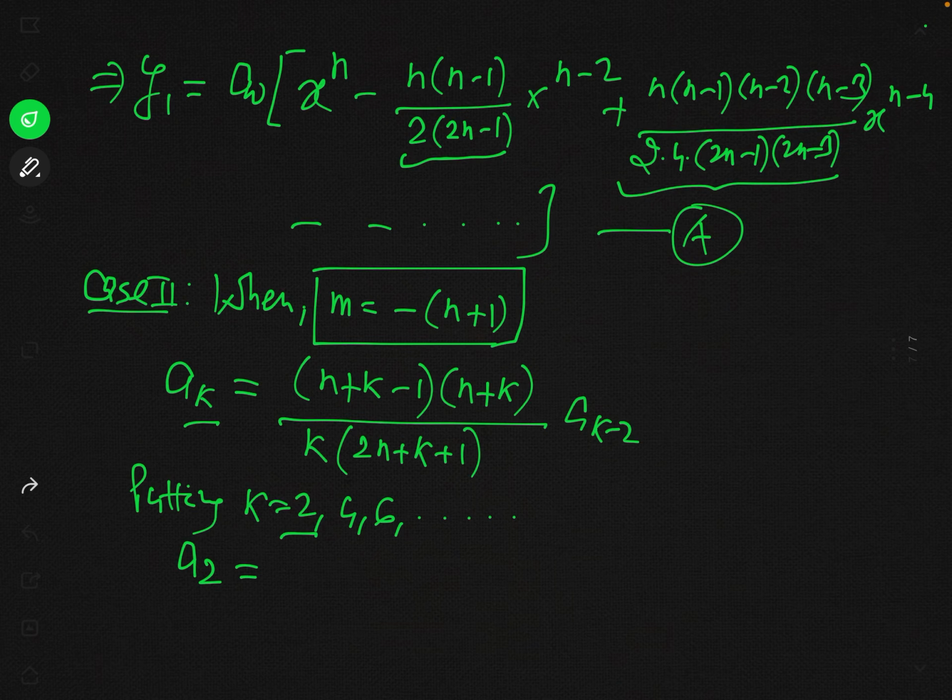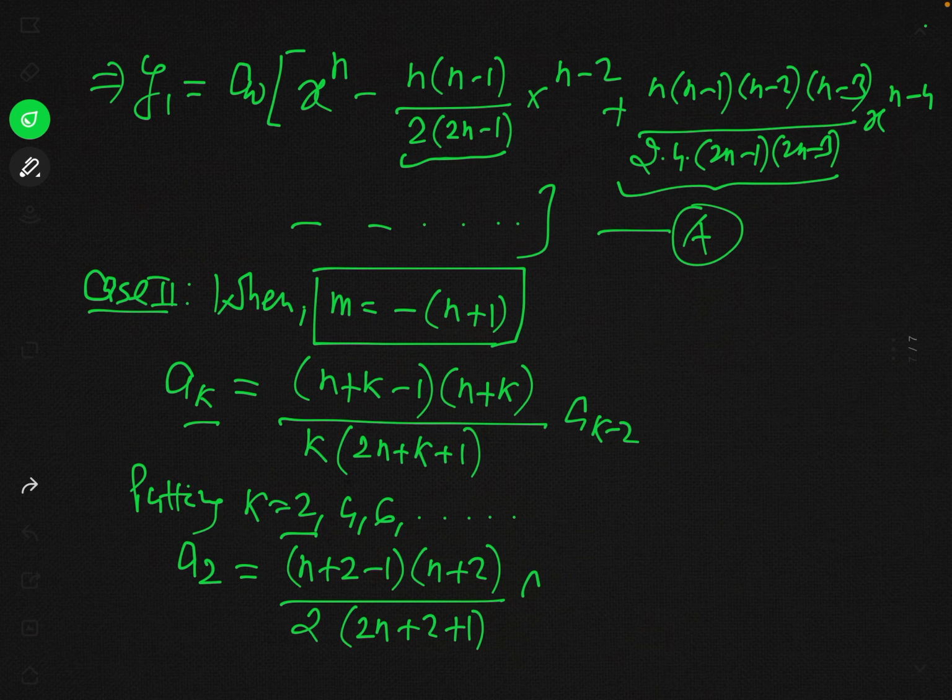When you put k equal to 2, there will be a2, and this will be (n plus 2 minus 1) into (n plus 2) divided by 2 into (2n plus 2 plus 1) into a0. So this is n plus 1 into n plus 2 divided by 2 into 2n plus 3, into a naught. This is the coefficient a2.